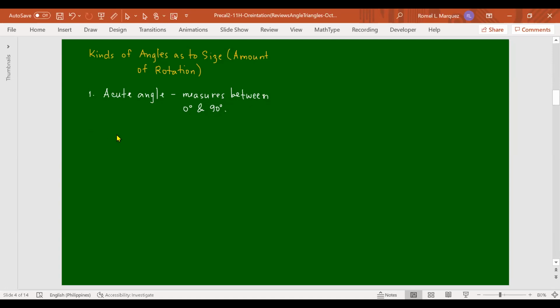Number two. So we have like this, no? So this is the angle. So that is acute, this angle. What about number two? We have right angle. This measures 90 degrees. So we have two perpendicular lines.